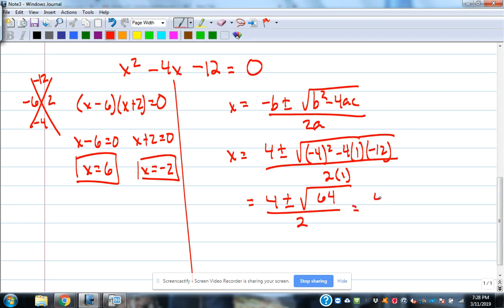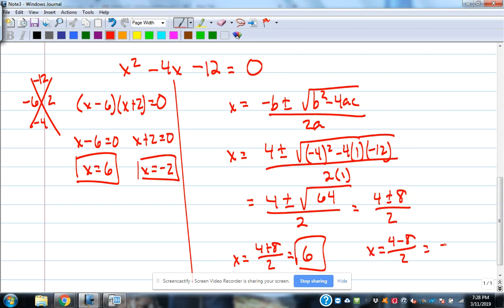So that'd be 4 plus or minus 8 over 2. 4 plus 8 over 2 is 12 divided by 2 is 6. And 4 minus 8 over 2 is negative 2. Same two answers.